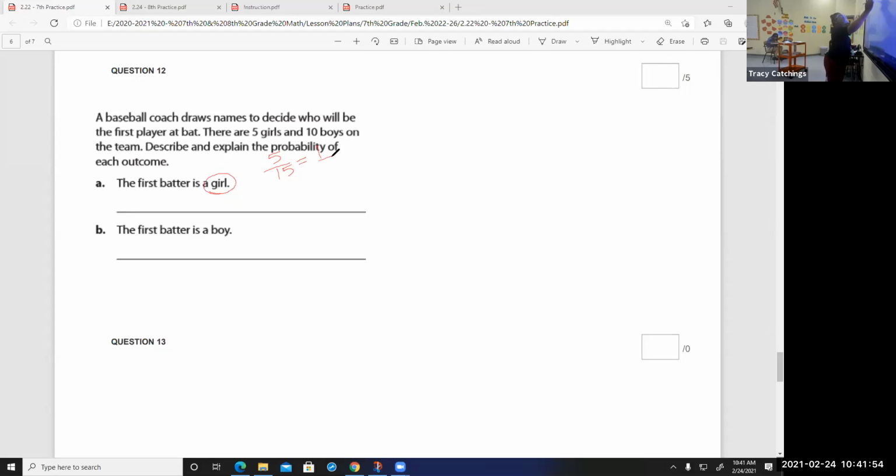Equal to a third. So what would that be as a probability? Unlikely. And I could say between 0 and 1. Or you could say it was 1/3, which is about 33%.